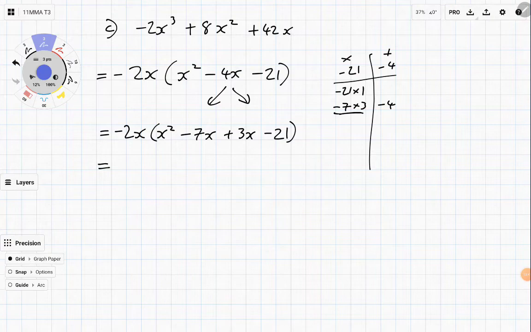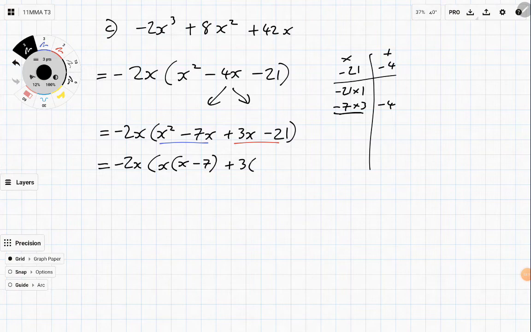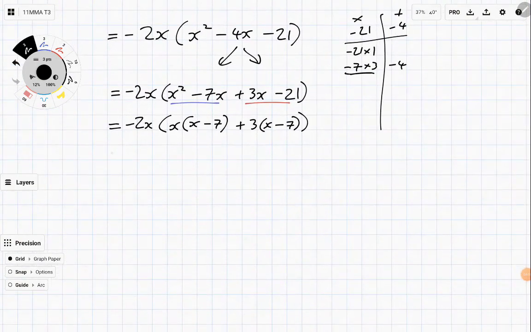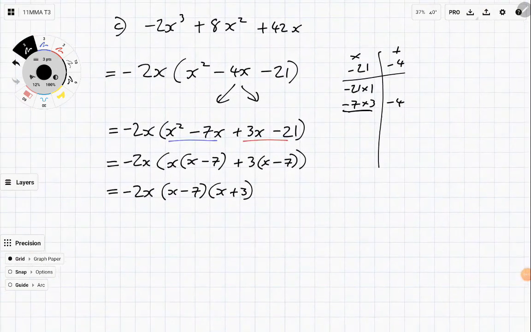Factorize piece by piece. Do the full decomposition. And that looks perfect. Pull out the x minus 7, and we're left with x plus 3. And there we go. There is our fully factorized form.